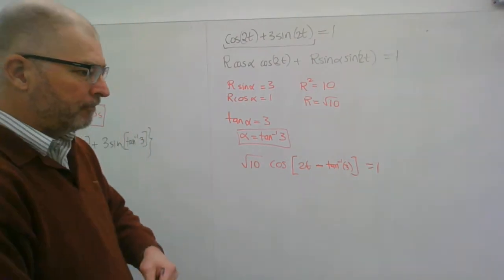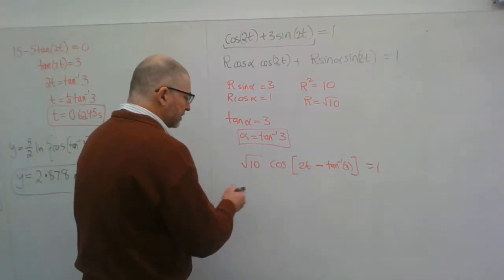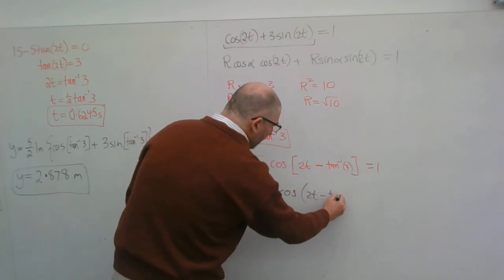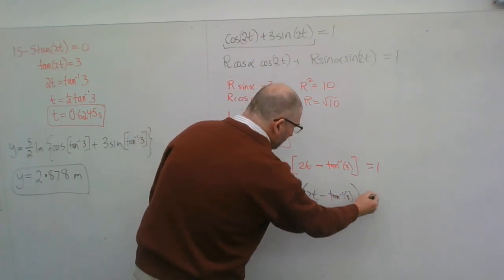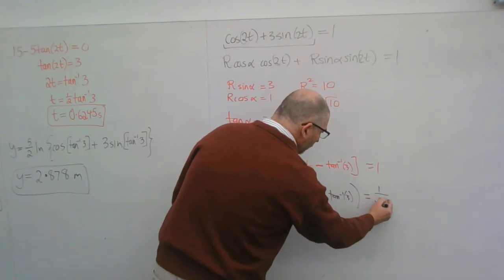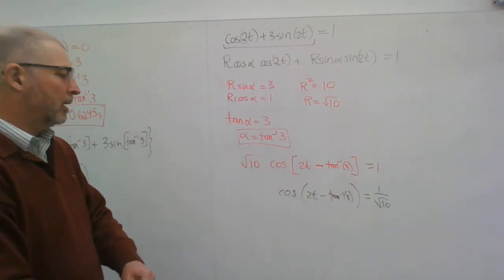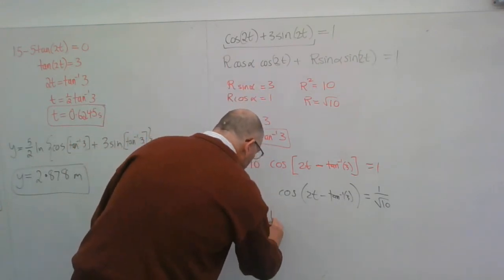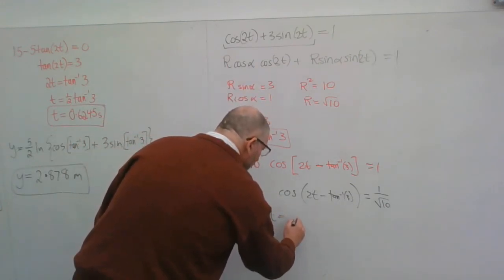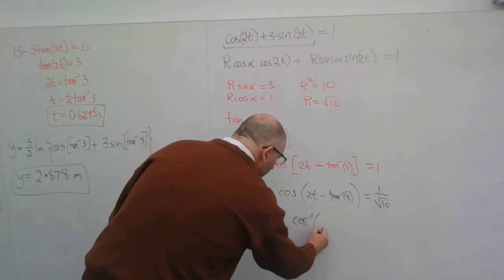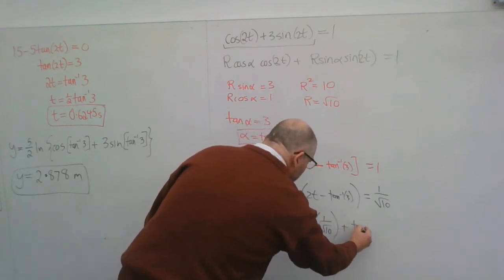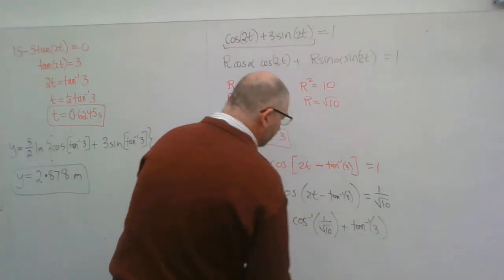Okay, from there, we can say that cos of 2t minus inverse tan of 3 equals 1 on root 10. So 2t is equal to the inverse cos of 1 on root 10 plus the inverse tan of 3.